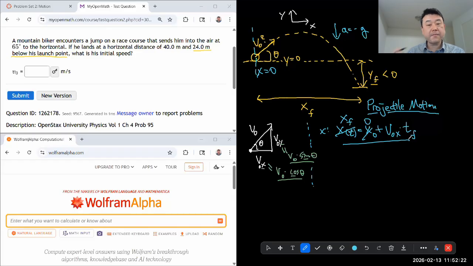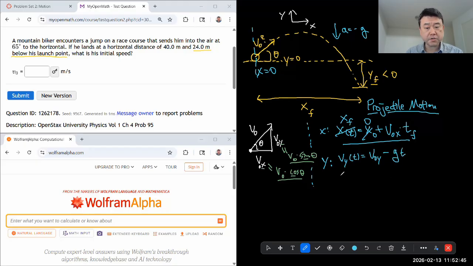Let me start writing down my vertical motion equations. There's usually two equations that are useful depending on the context. There's one that deals with the velocity. The y component of velocity as a function of time would be some initial y component of velocity, and then for projectile motion it's minus gt.